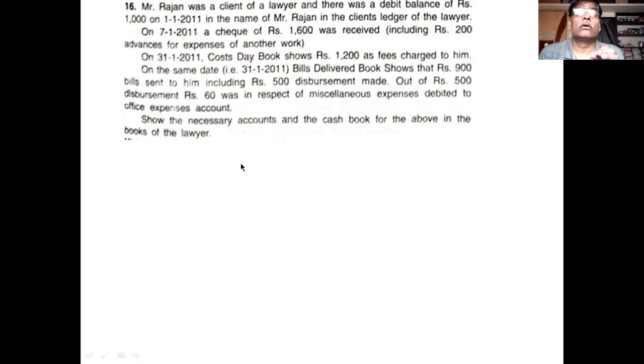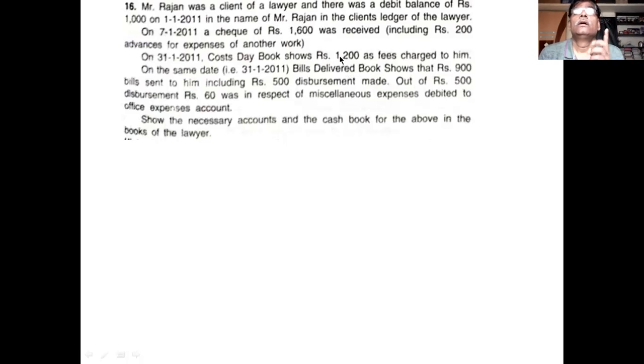Okay, the client control account. The client control account is opened to record two things: one is the disbursement made, another is the fees or cost of the bill. These two are to be debited to the control account and taken to the respective accounts.